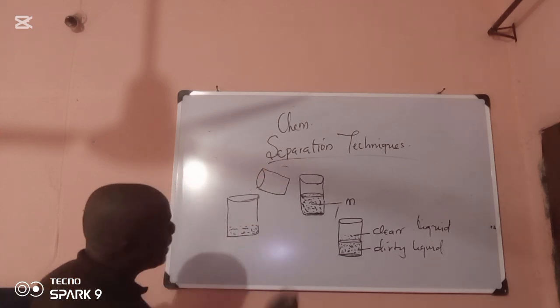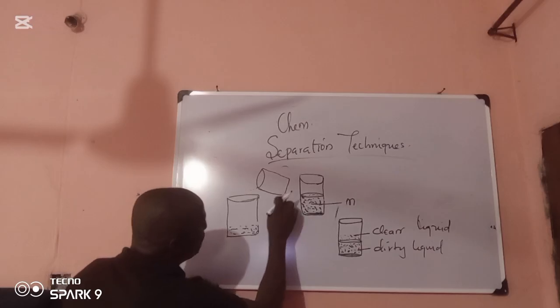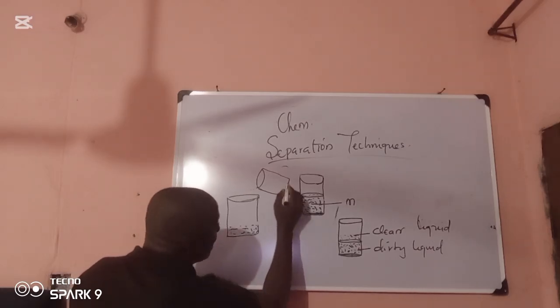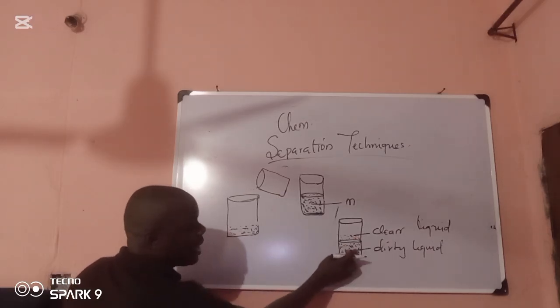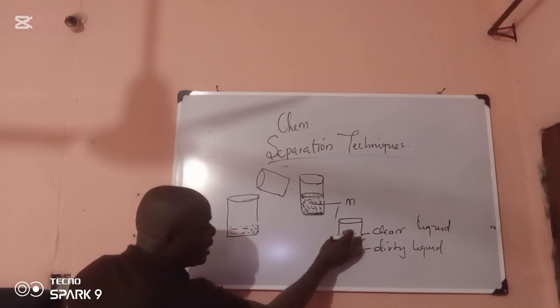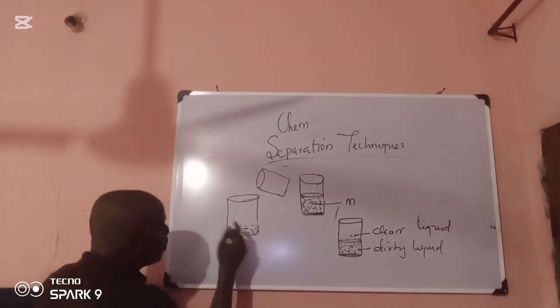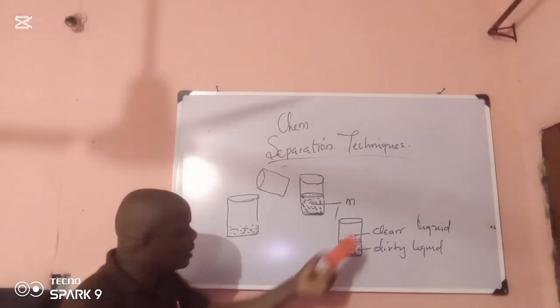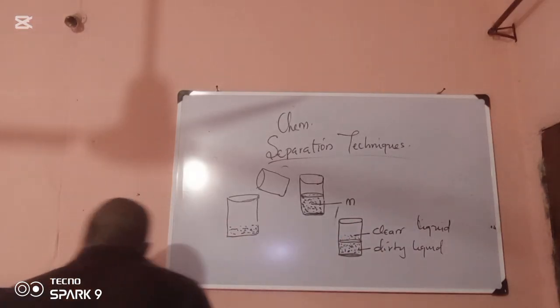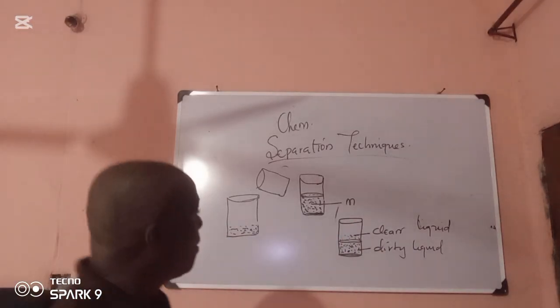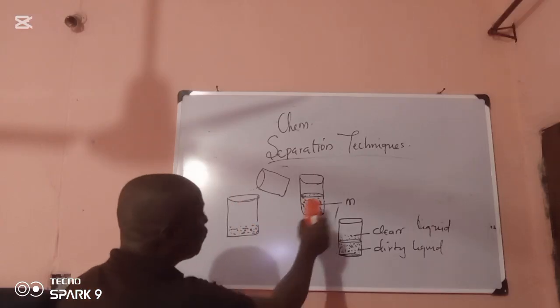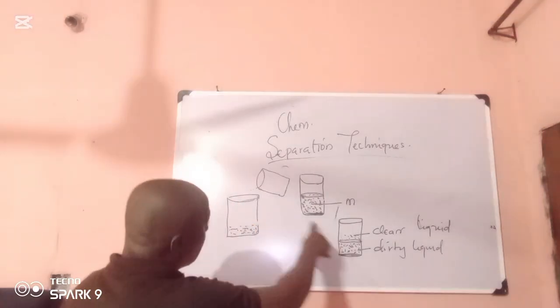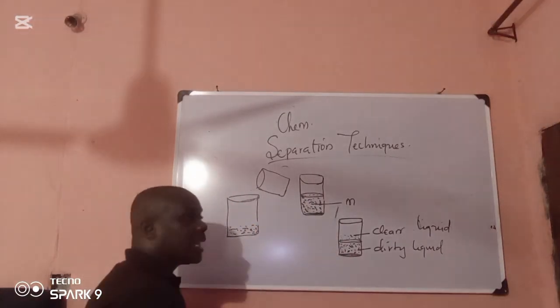So you will now be transferring. You run it carefully, gently, so that the mixture that has already settled down from this upper clean one will not go into this. So at this point, separating the clean one from the dirty one is called decantation.